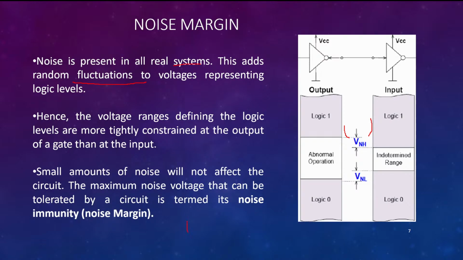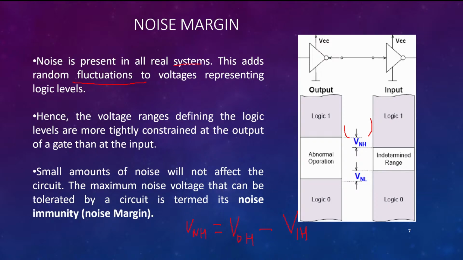VNH is equal to high level output voltage VOH minus high level input voltage VIH, right?